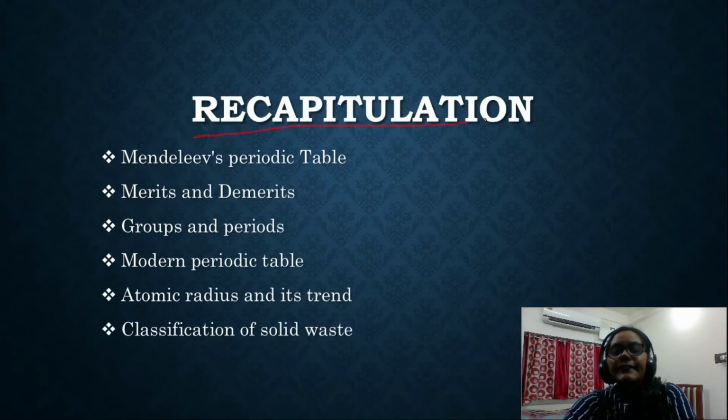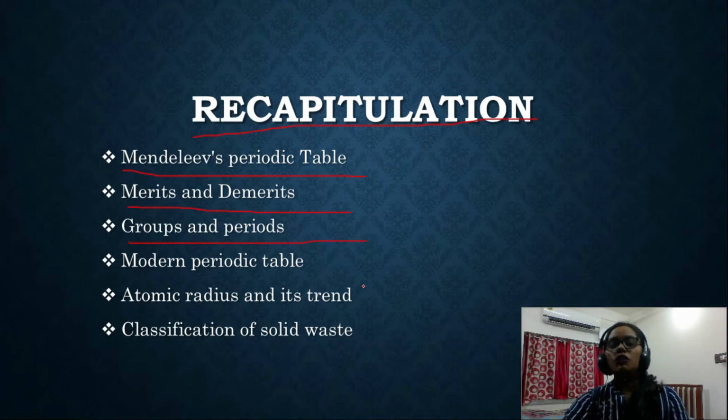Okay, this is the recapitulation of last class. So in last class we discussed Mendeleev's periodic table. We have seen the merits and demerits of the Mendeleev periodic table.